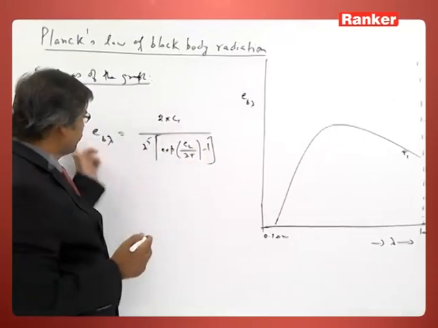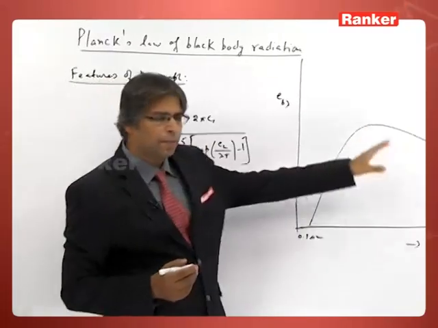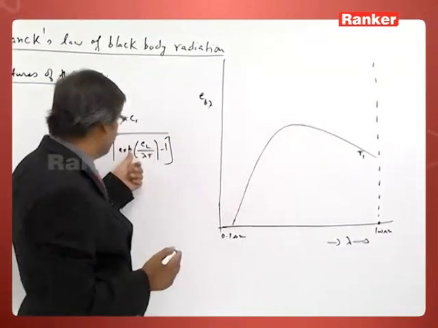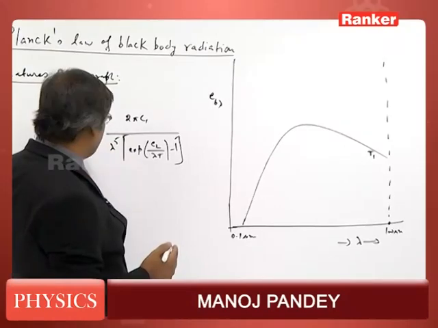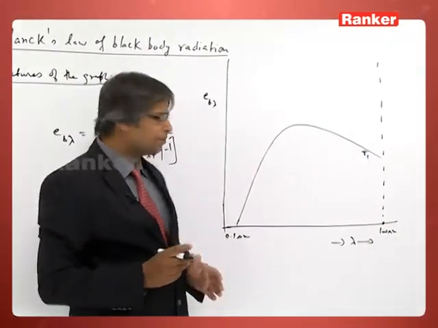So, this graph, this is the curve, this is the equation which I am plotting here, and for a particular value of T1, this E_bλ varies with lambda, and the graph is plotted like this.